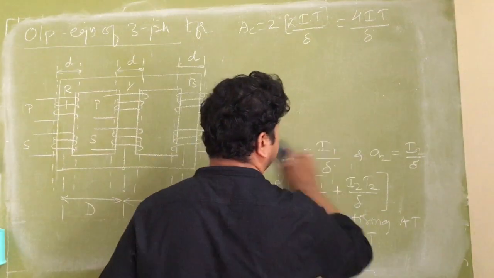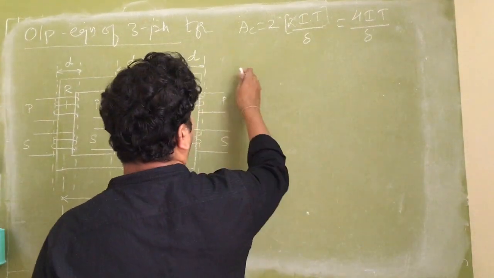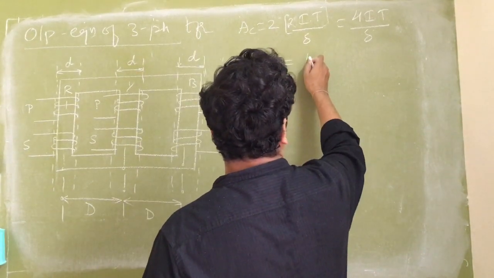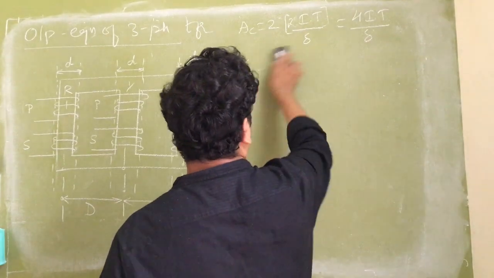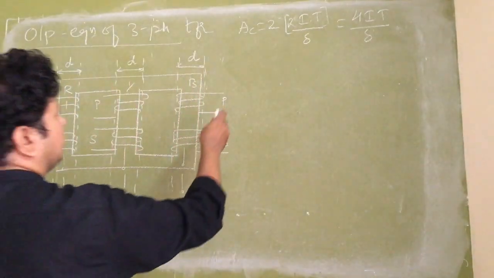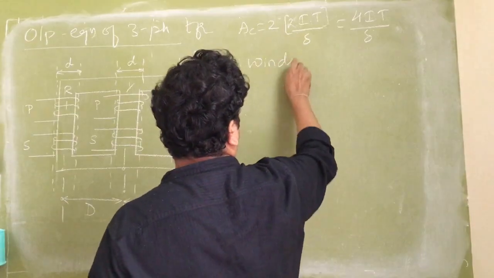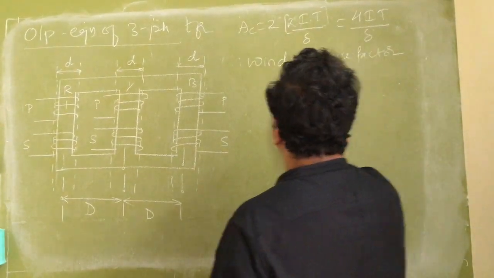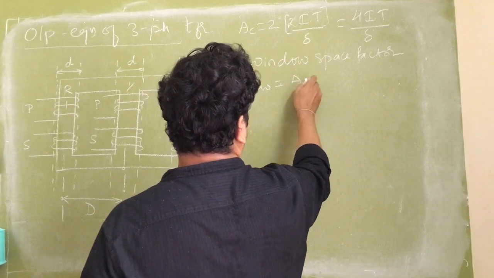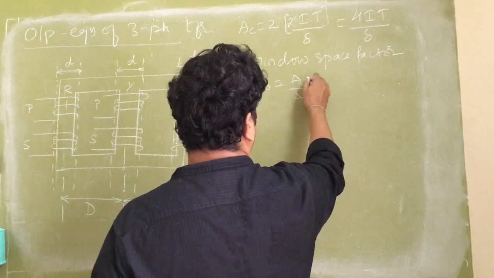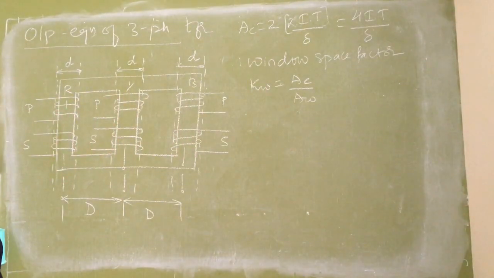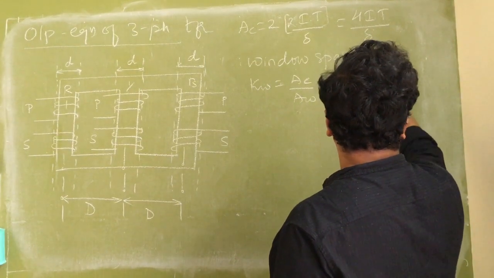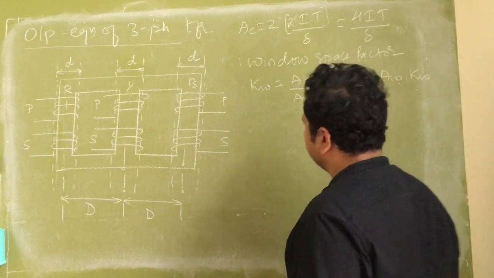Or IT is equal to... but before that, okay, therefore window space factor KW is equal to AC divided by AW, or AC is equal to AW into KW.